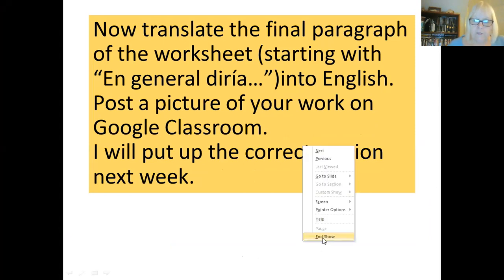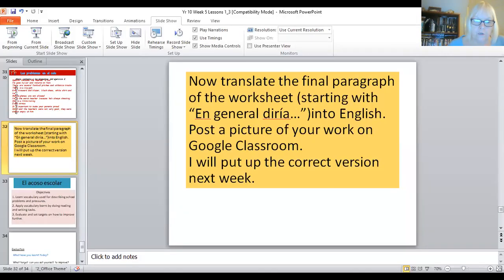So again, just to go through it and show you what I'd like. Here's the thing again. It's this bit here. En general, diría que, all the way down to se enfadaban conmigo.